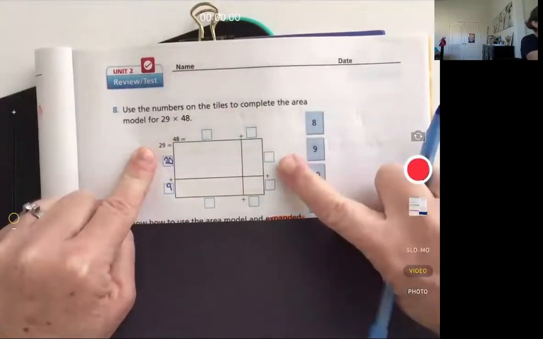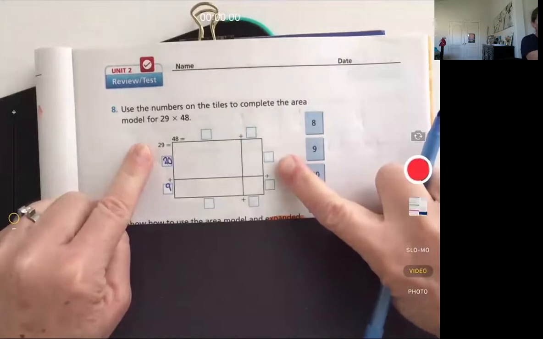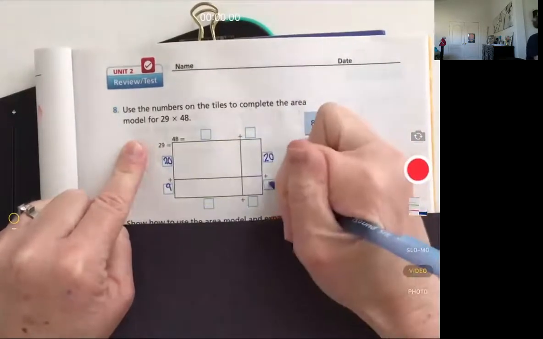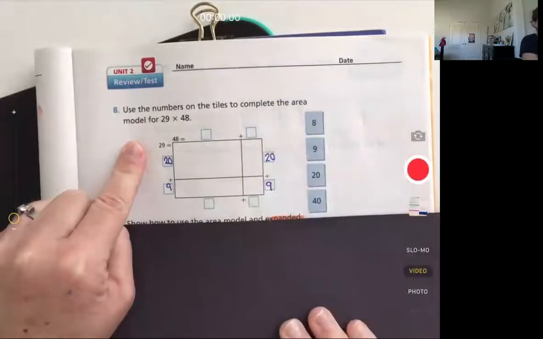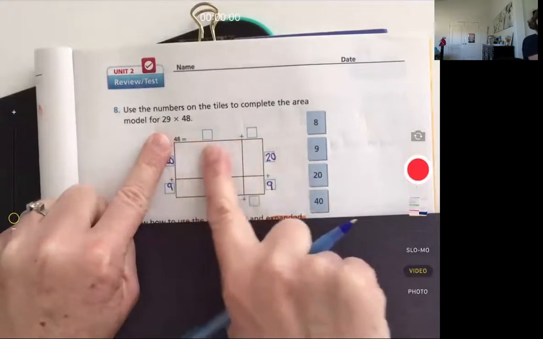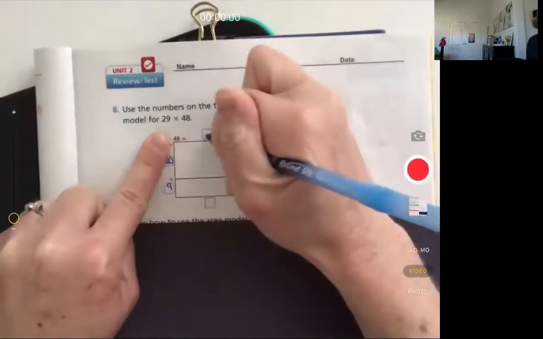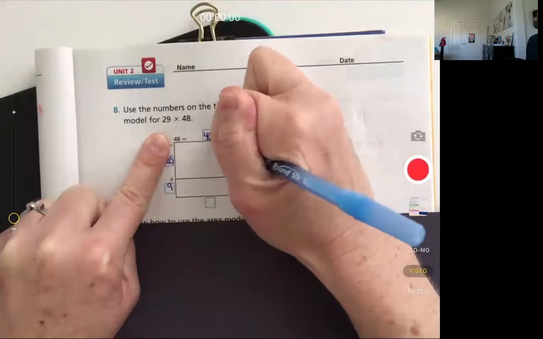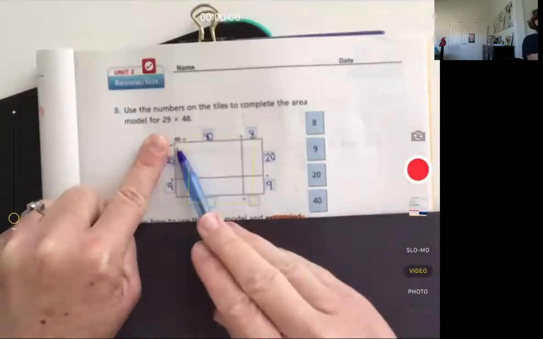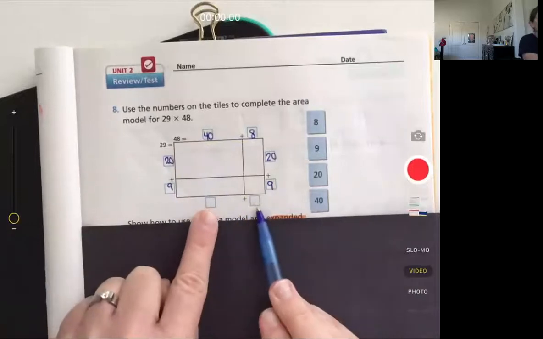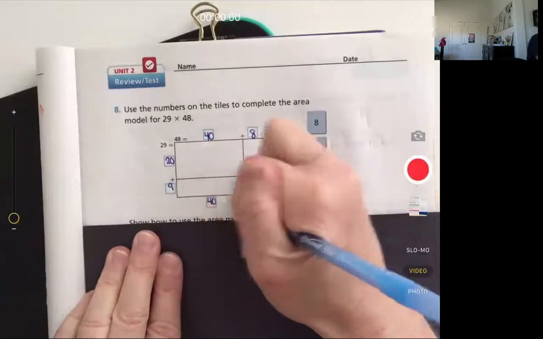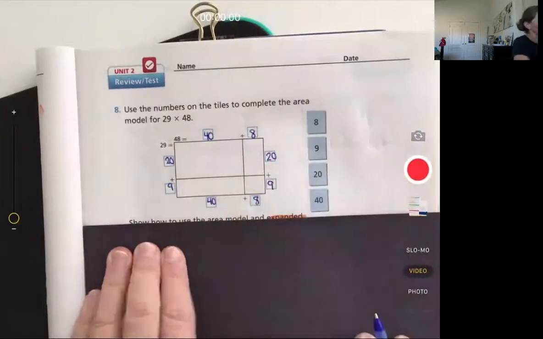Remember we talked that the other side is exactly the same. So again, I'm going to put 20 on this side plus 9 1s. 48 is my other factor, so it's going on the length. How many 10s? There are 4. 40 plus 8 1s. 40 plus 8 is 48, which will be the same down below.